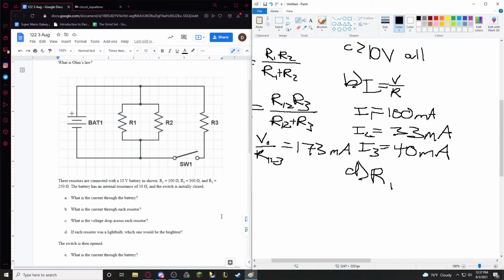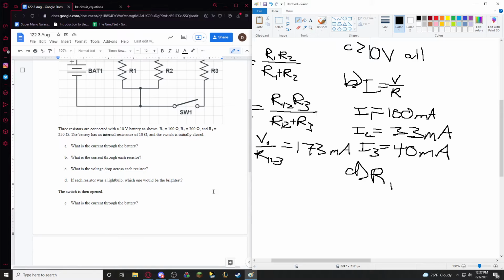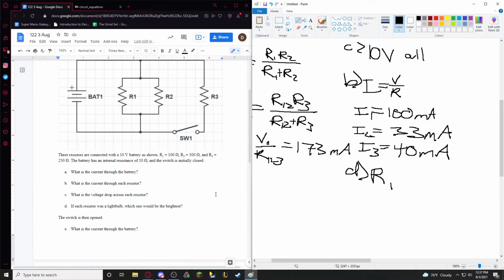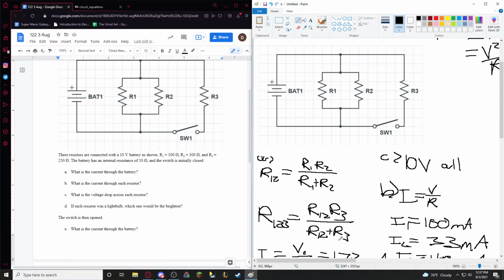So now we're going to open the switch. What changes when we open the switch? Well, there's definitely not going to be a current in R3. So does that mean we could just do this? Goodbye.